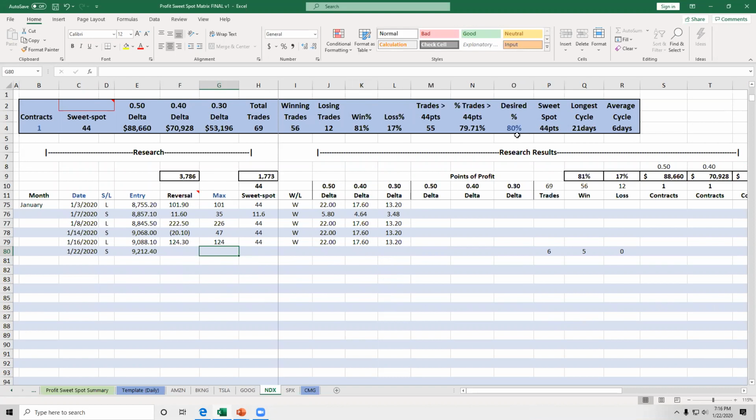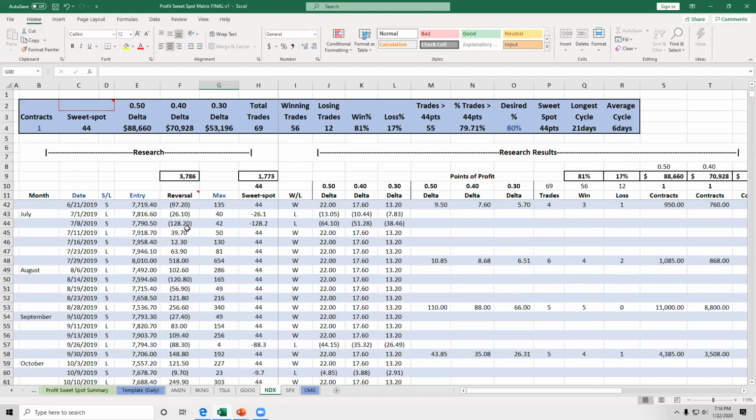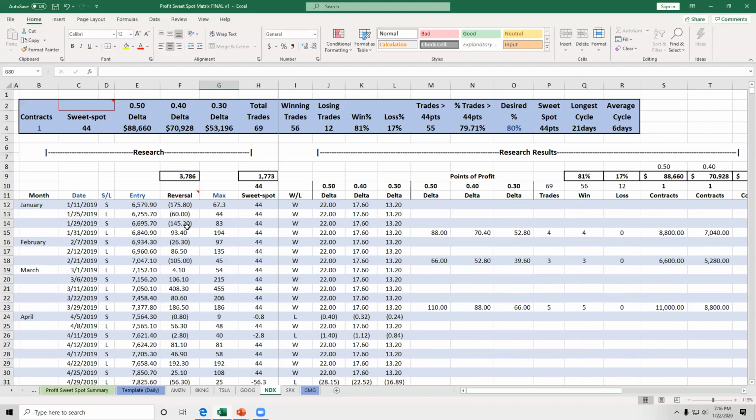If you used an 80% win rate, you would have accumulated 1,773 points of profit. Now, 2,000 points more seems pretty attractive, but you have to have eyes wide open when you decide to hold for the reversal.